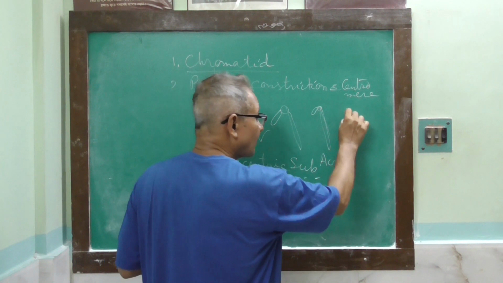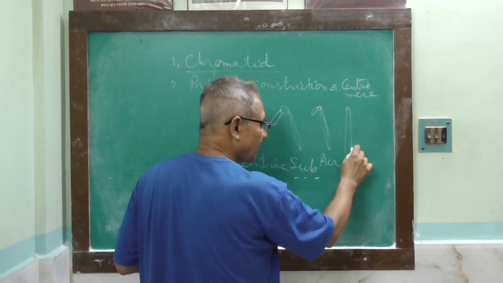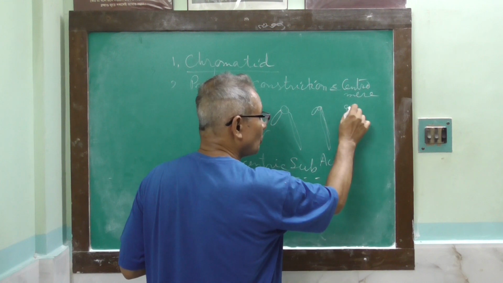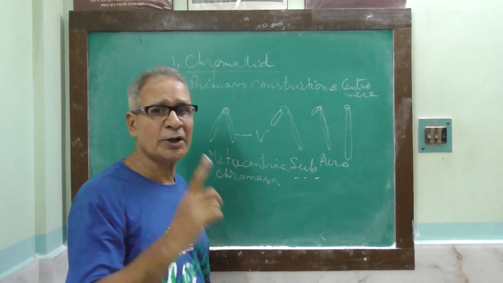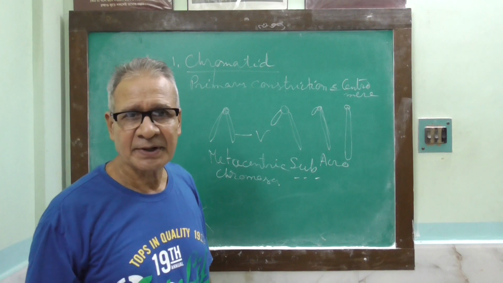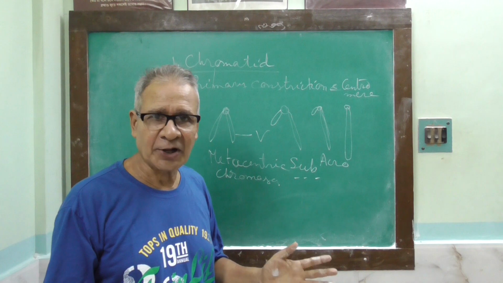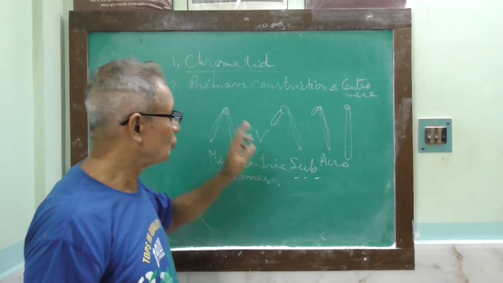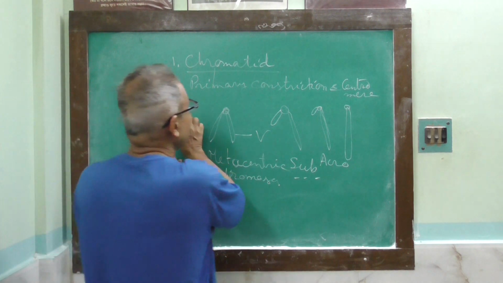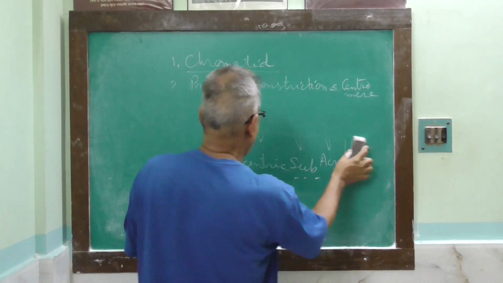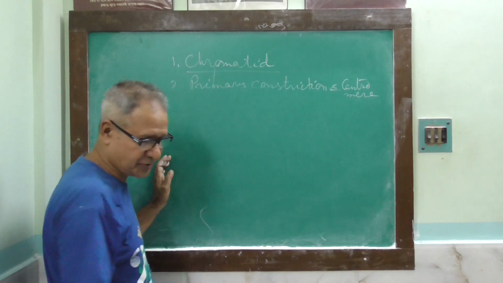And if the centromere is situated at one end of the chromosome, so that only one arm is present and it appears as an I, it is known as telocentric. So here we discussed the chromatid and primary constriction.